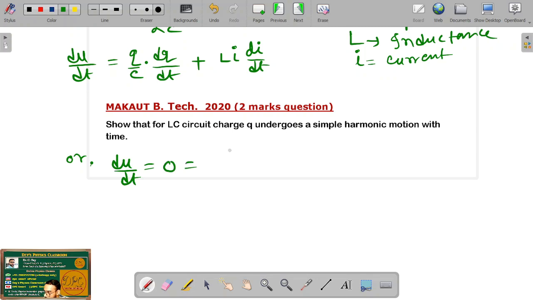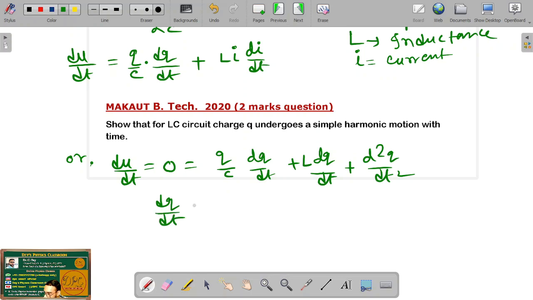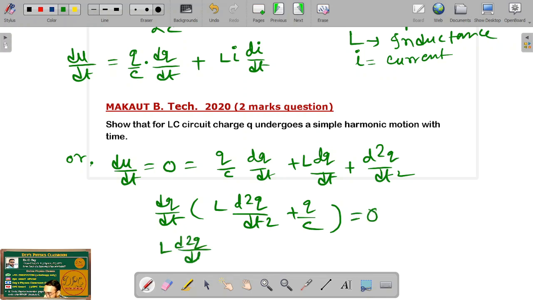So dU/dt would be 0, which will be equal to Q by C dq/dt plus L into I means dq/dt plus dI/dt means d2q/dt2, or we take dq/dt common, in bracket it would be L d2q/dt2 plus Q by C equals to 0, or L d2q/dt2 plus Q by C would be 0.